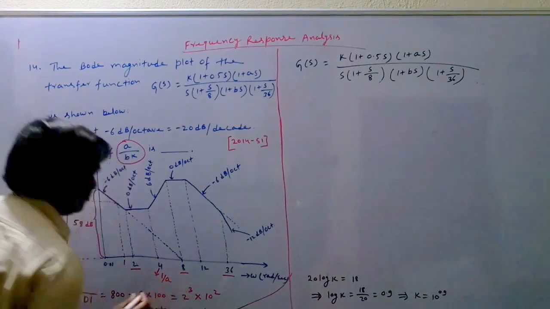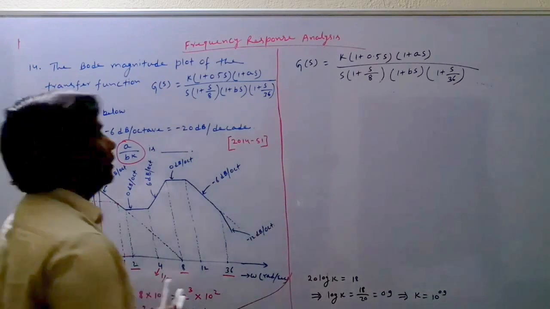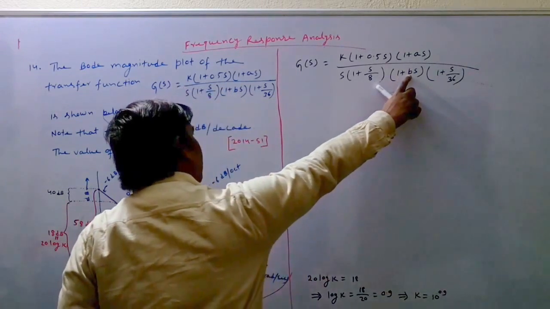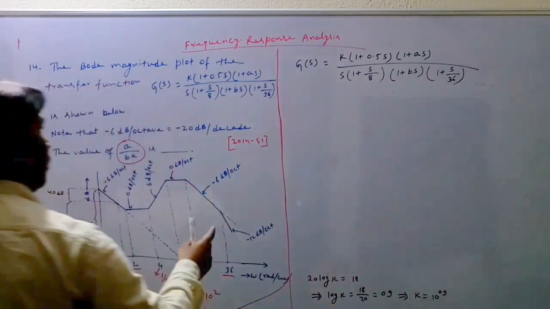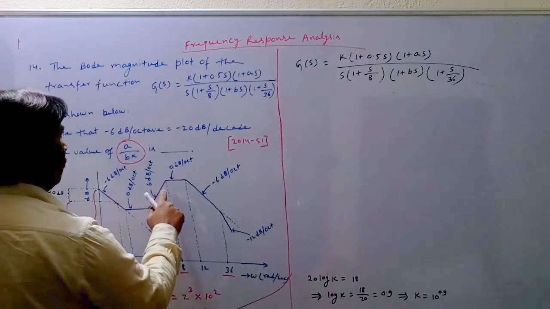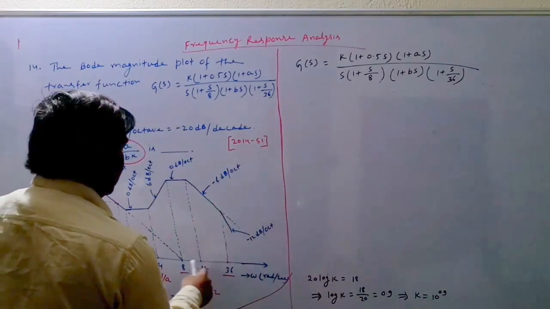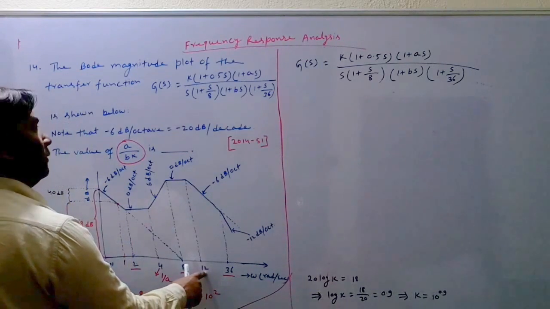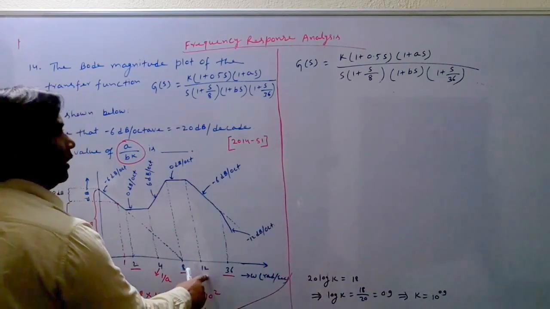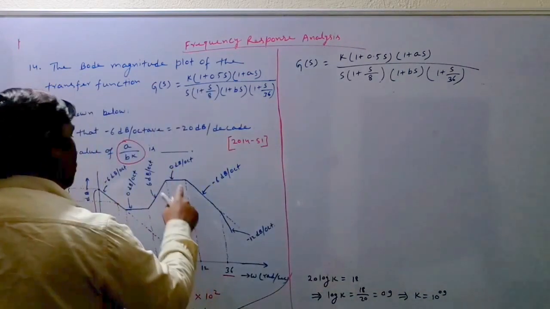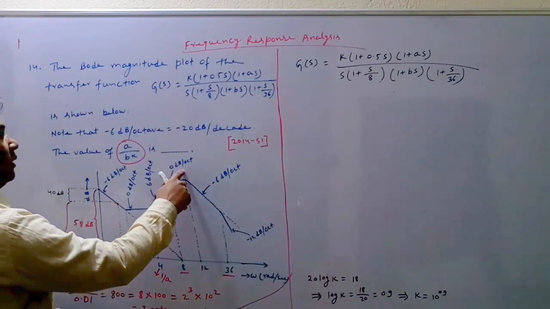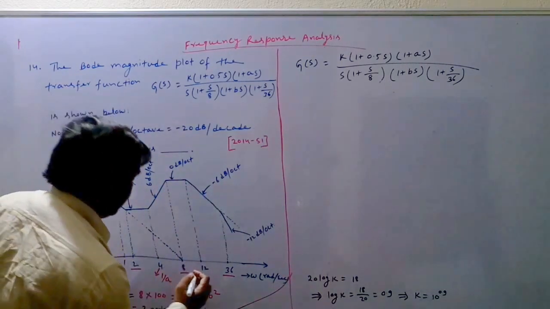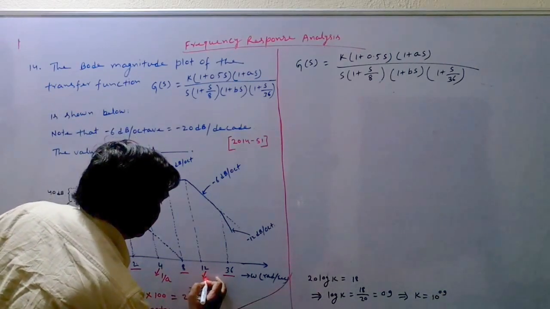Again there is a pole with corner frequency 1 by b, and this pole is responsible for this, because here again the slope is changing from 0 dB per octave to minus 6 dB per octave. So this is the corner frequency 1 by b.